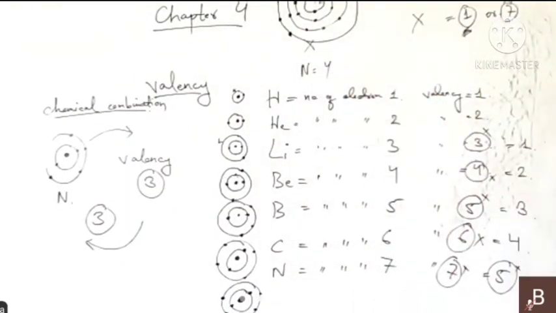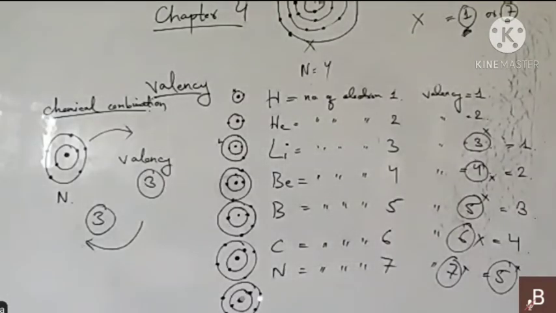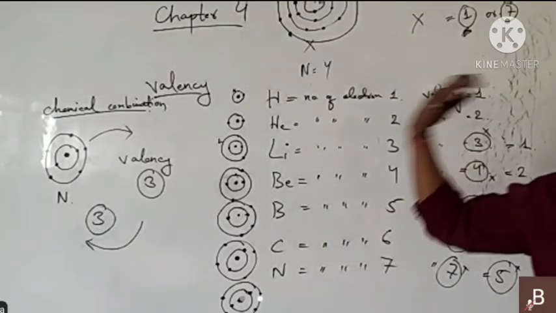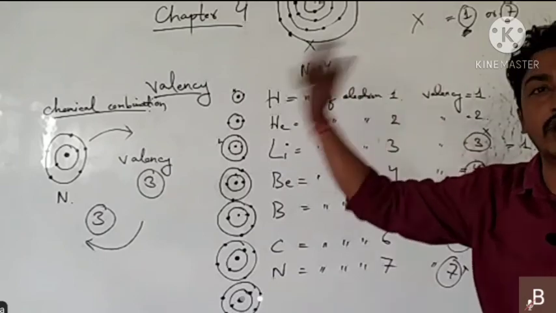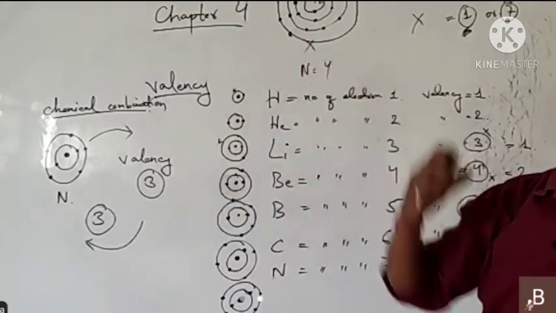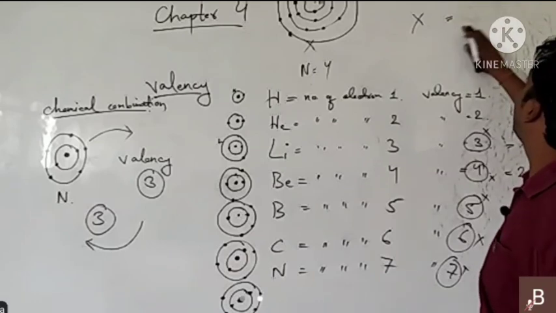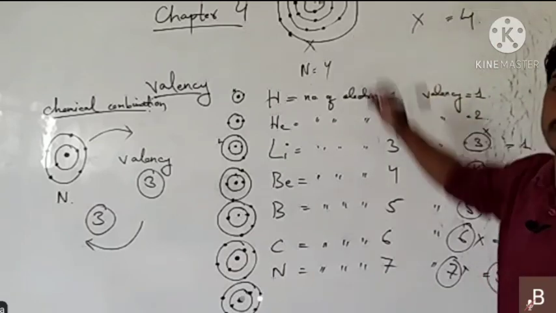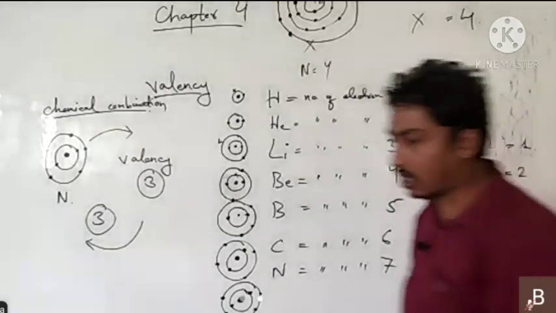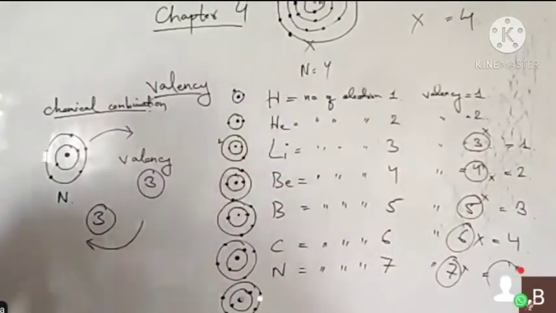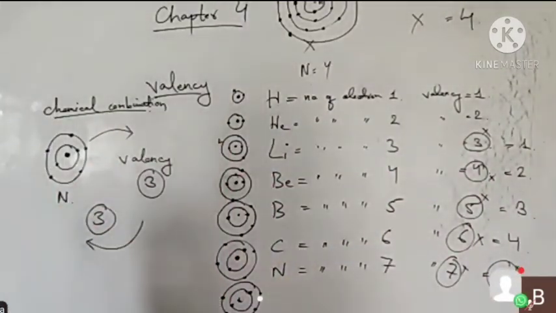So what will be the valency? Because either this element can give 4 electrons, or it can get 4 electrons, so the valency will be 4 in this case. So this was all about working out the valency of an element.